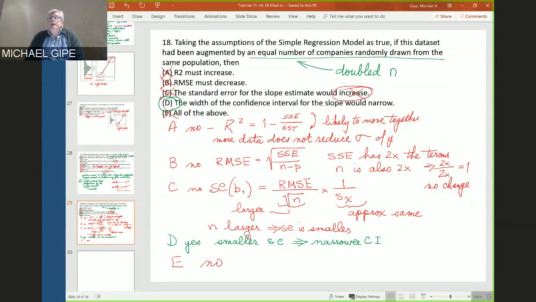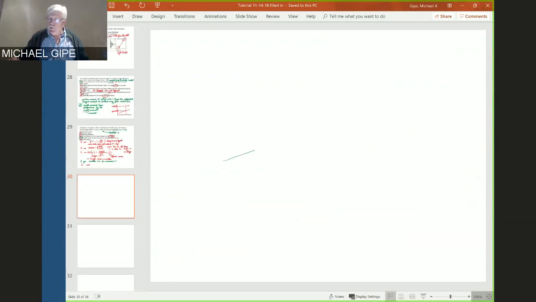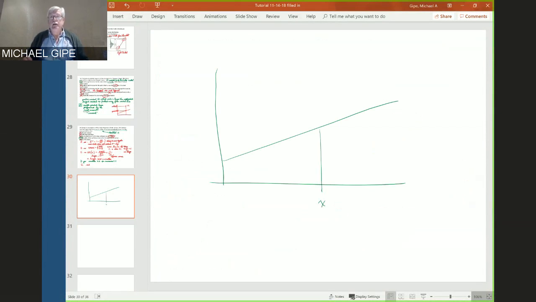Highly leveraged data point. Remember what a lever looks like, right? The longer the lever, the more leverage you have at the other end. If you change this end, you have more strength, more power on this end. So if you've got a regression line that looks like that, an X value in the middle doesn't have a lot of leverage. You move that up, it moves things up a little bit. You move it down, you move things a little bit. It doesn't change much on the slope.